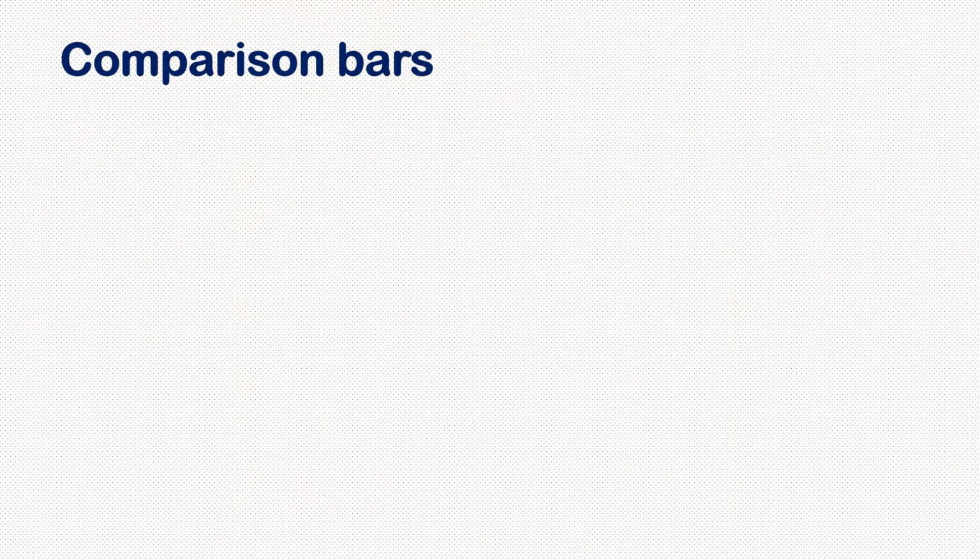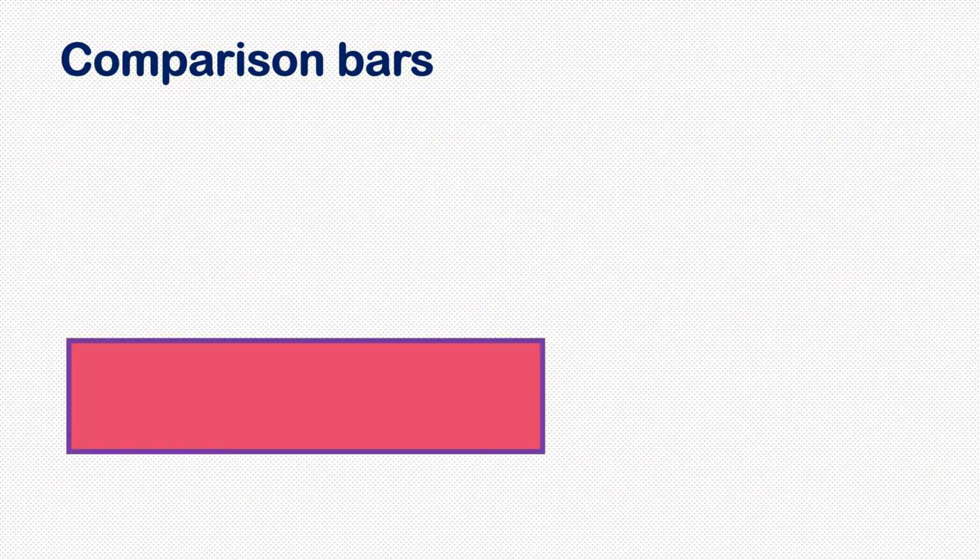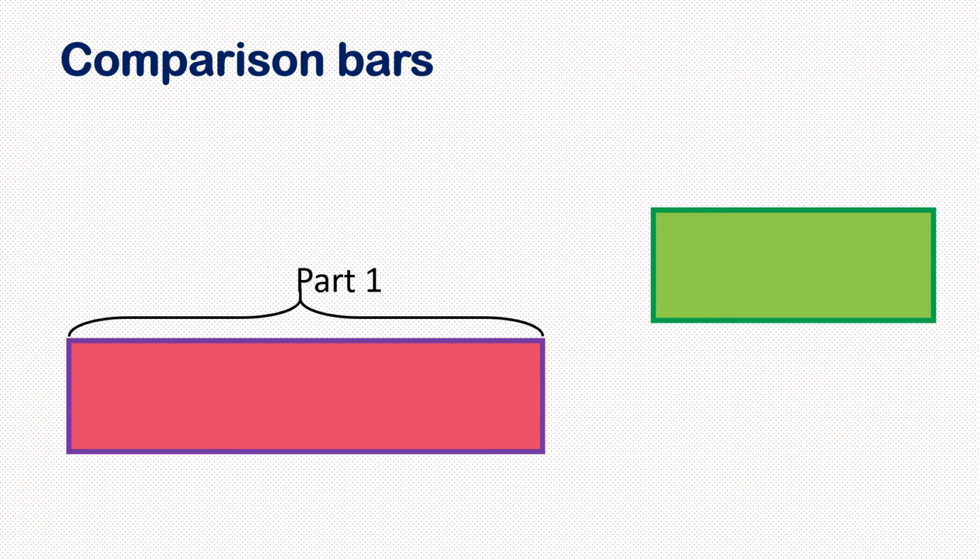Now I am going to do comparison bars. There are two bars. The pink color bar is part 1. The green color bar is part 2. Now I am going to compare these two bars.